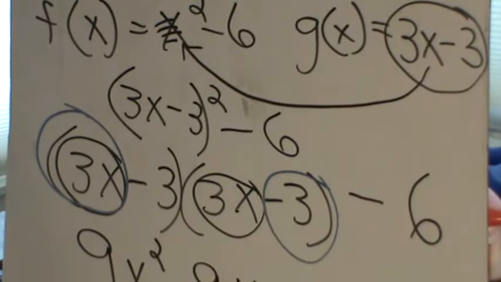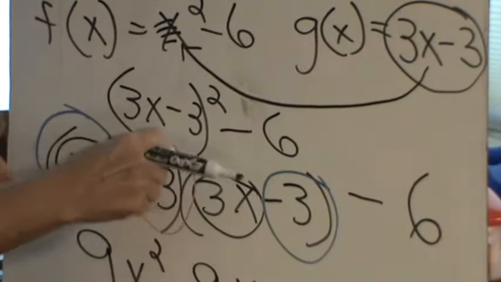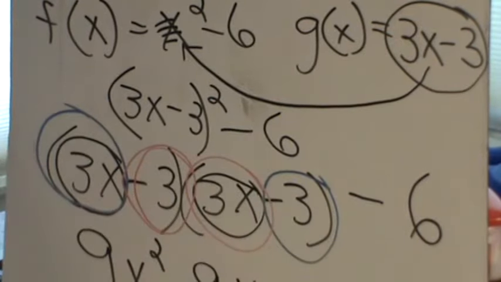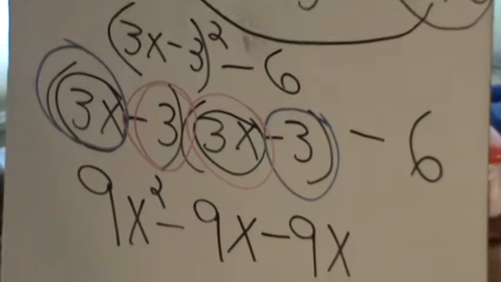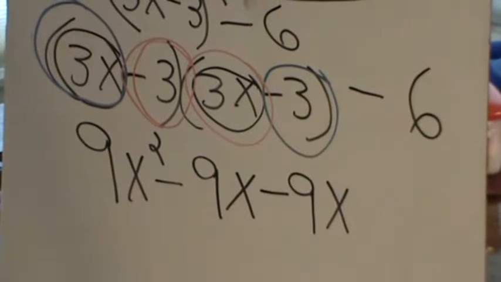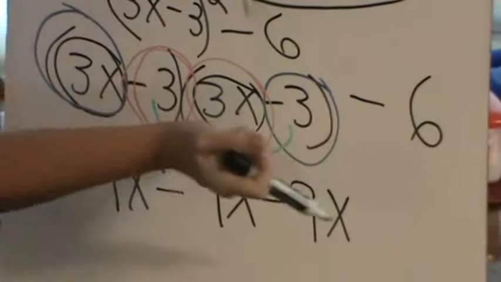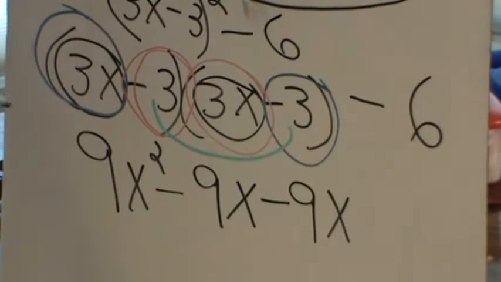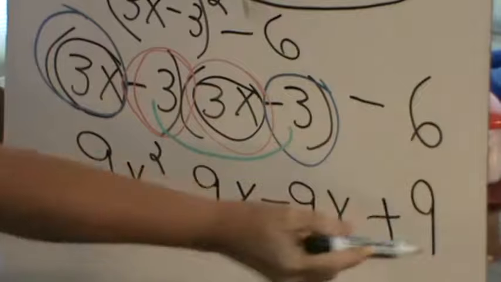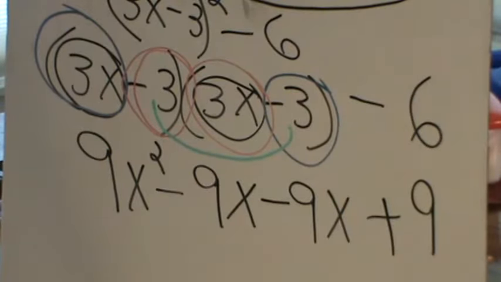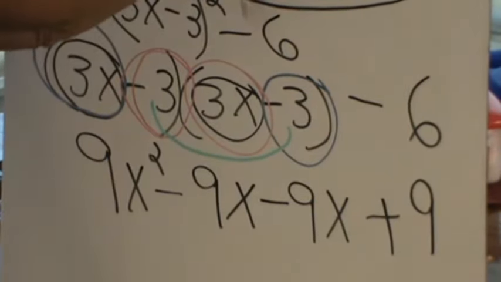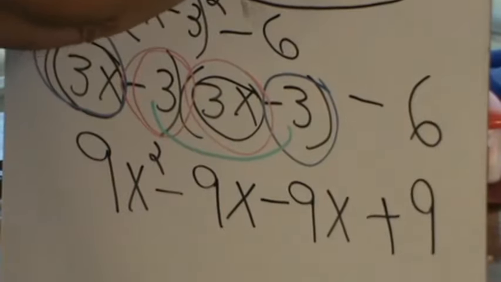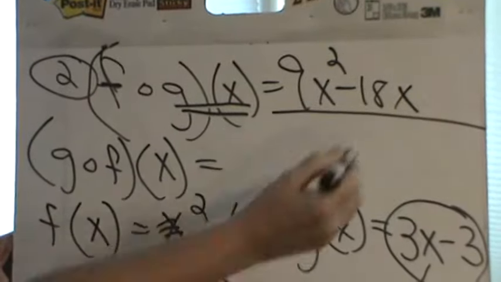The I stands for the inside items, which is negative 3 and 3x, which is negative 9x. And then the L stands for these last 2 items, which is negative 3 times negative 3, positive 9. So what you'll put up there in the blank for f of g of x is 9x squared minus 18x plus 9.